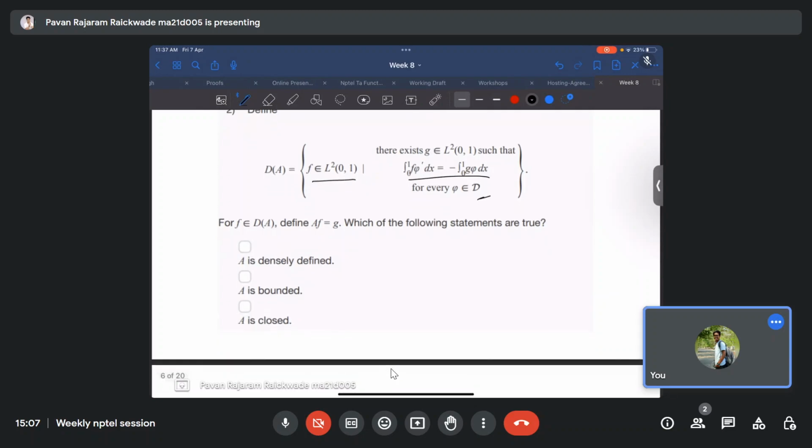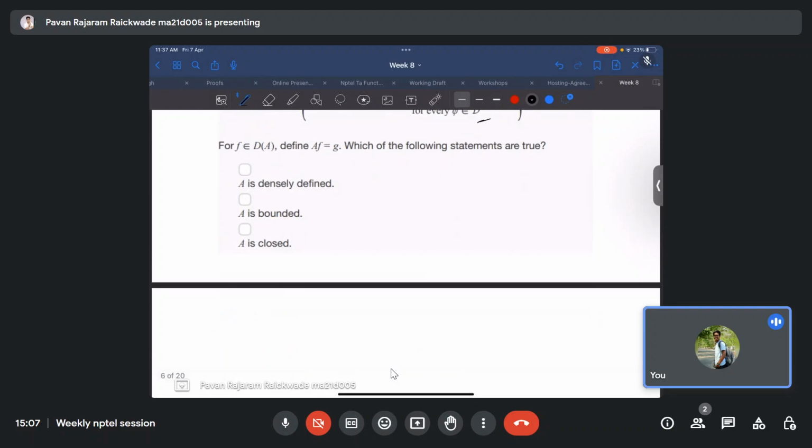Let's see what this domain is. Can we somehow identify at least some subset of this domain, so that if we can obtain a subset of the domain which is dense in L2(0,1), then we can say that A is densely defined, right?